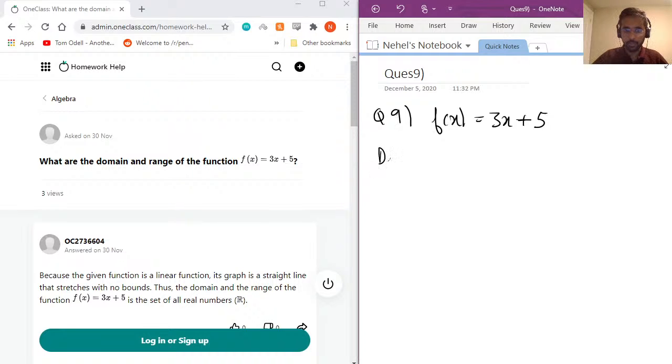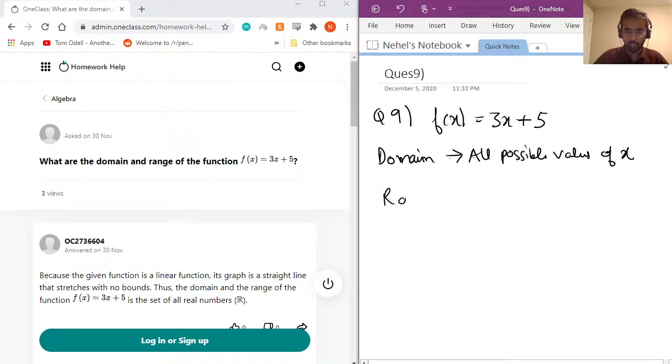So domain is all possible values of x, and range is defined as all possible values of f of x, or the function itself, range with an e.